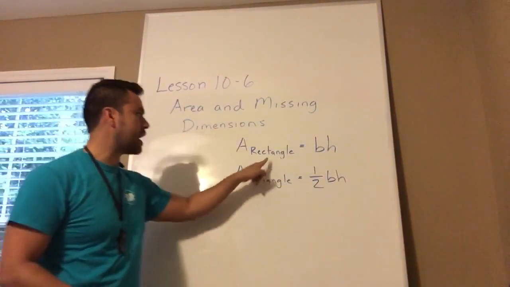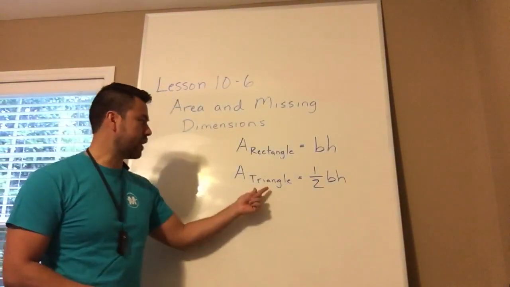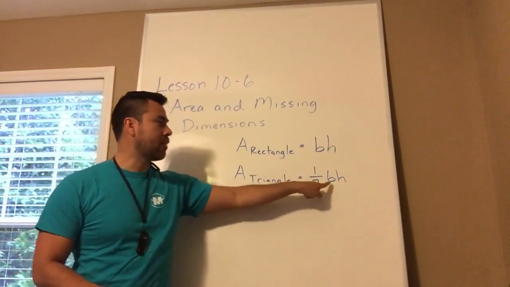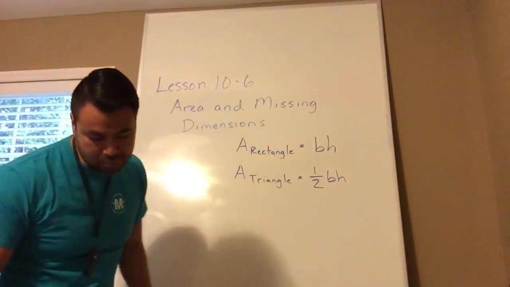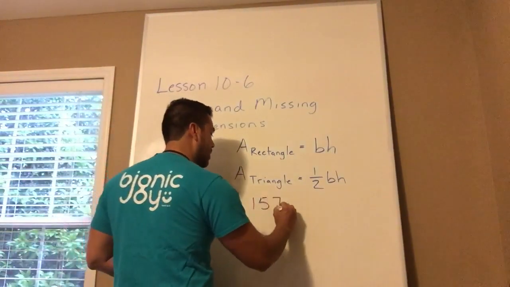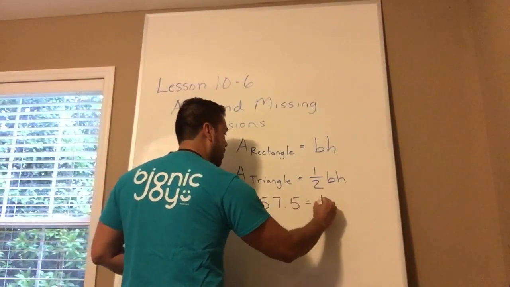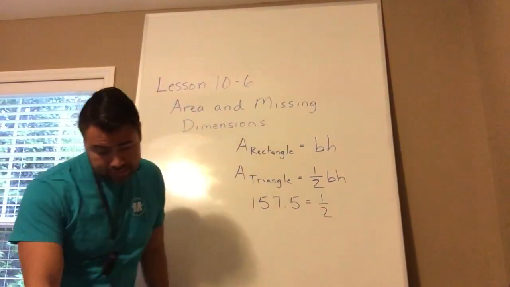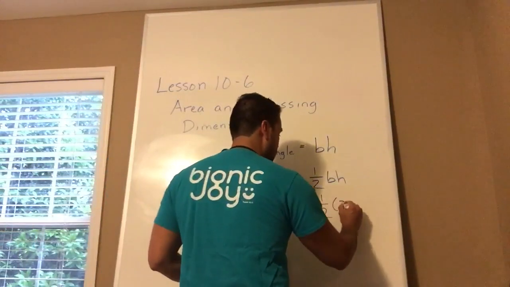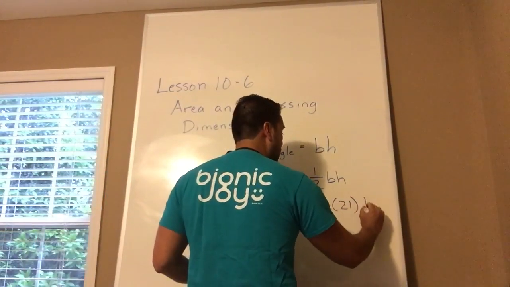A triangle is half a rectangle, or two triangles put together can make a rectangle. Here we have 1/2 base times height. In this problem, the area is 157.5, and the base is 21. So the base will be 21, and I don't know the height.